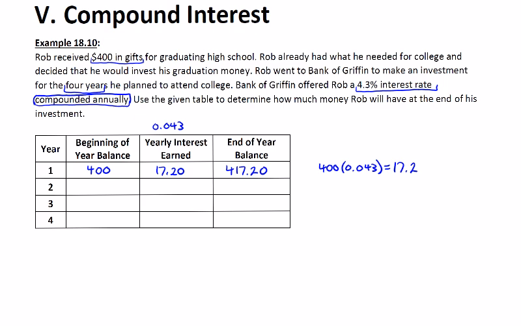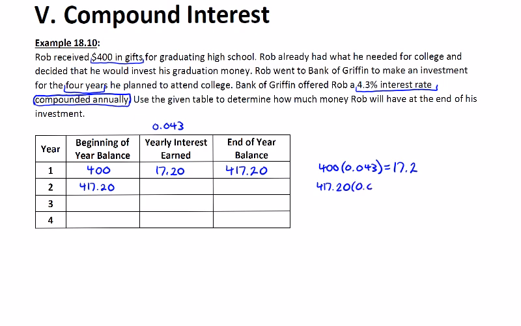So at the beginning of year 2, it's kind of like starting over. They're going to take the $417.20 as the beginning balance for year 2. And then at the end of year 2, when the bank gives him his annual gift of interest, they are not going to be basing it off of 400. They are now going to base it off of the $417.20 that he started the year with.